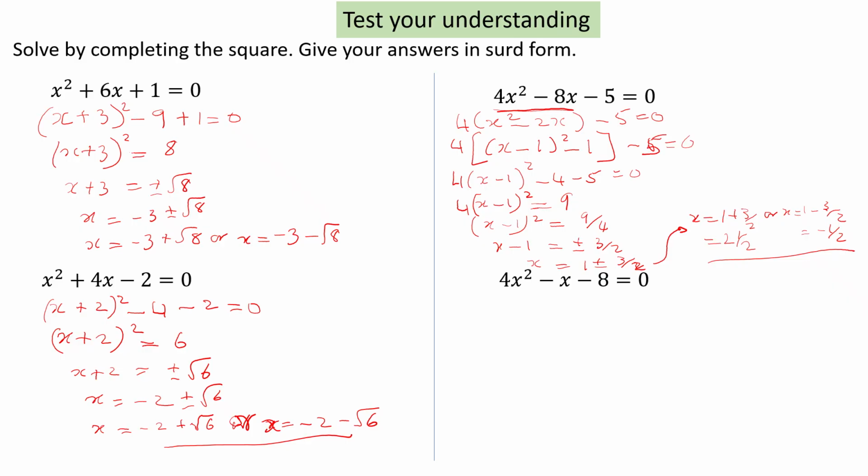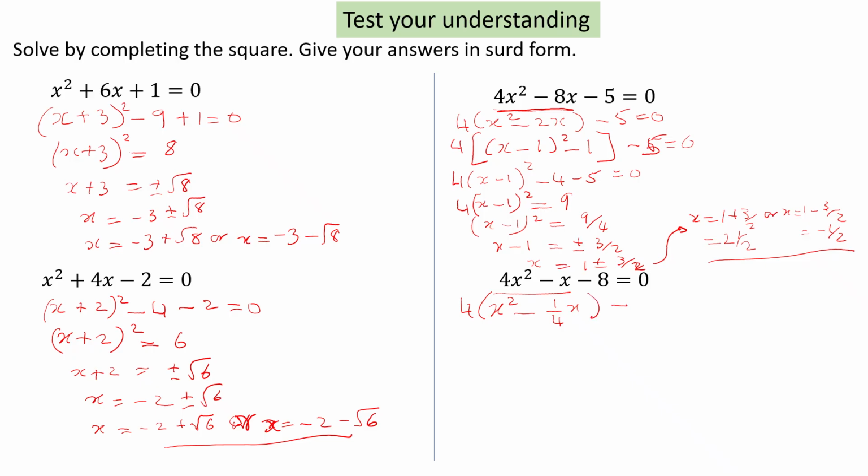4x squared minus x minus 8 equals 0. Before I do the completing square, I want to keep the coefficient of x squared as 1. So I'm going to take 4 out of the bracket, first two terms. 4 times x squared, 4x squared, minus 4 times a quarter x, which is negative 1x.